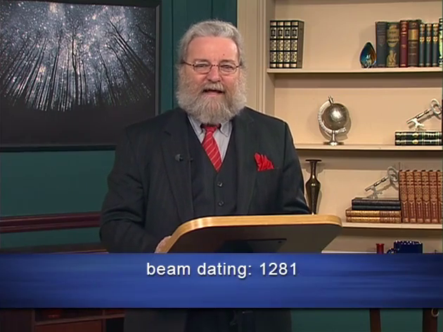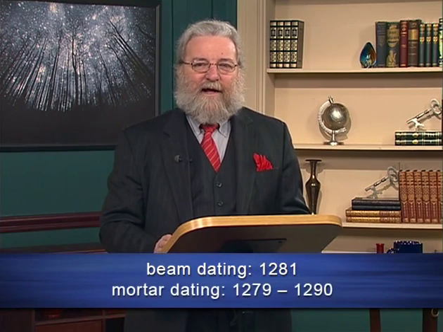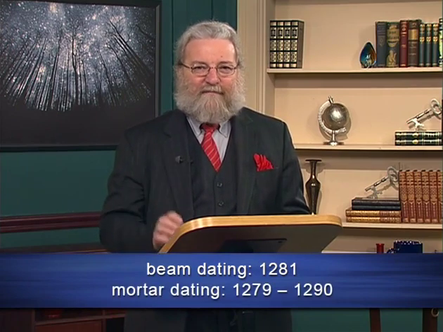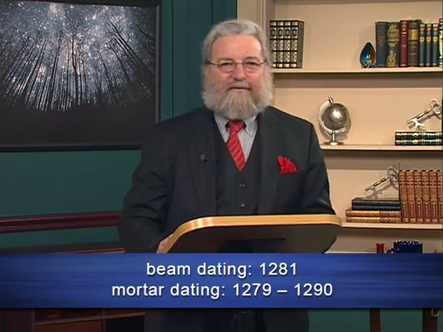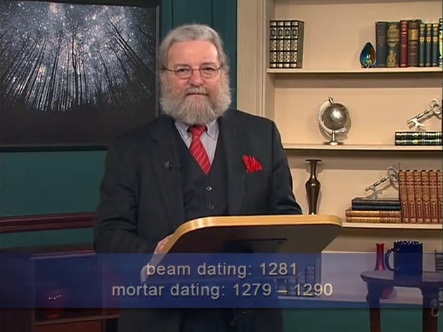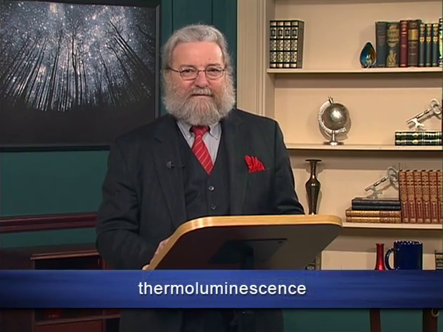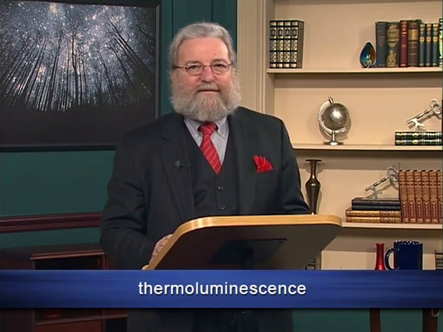The mortar dating came in with a date between 1279 and 1290, a perfect match, accurate to 10 years, showing that these churches were indeed much older than some archaeologists had suspected. Confirmation of this technique was done with a third technique called thermoluminescence, an examination of the roof tiles for a peculiar light that's emitted when things like ceramics are heated.